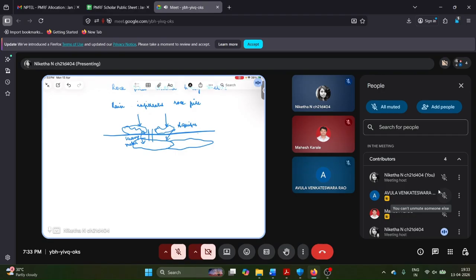So this can be a big aquifer, and then there could be some minor channels which could be flowing between one aquifer to another one, so they could be somewhat interconnected.